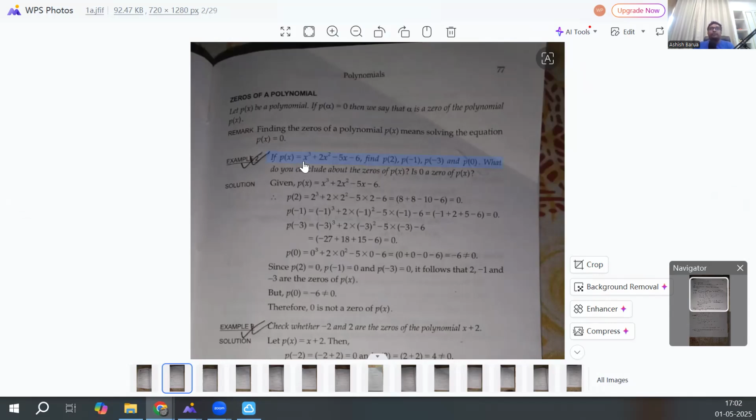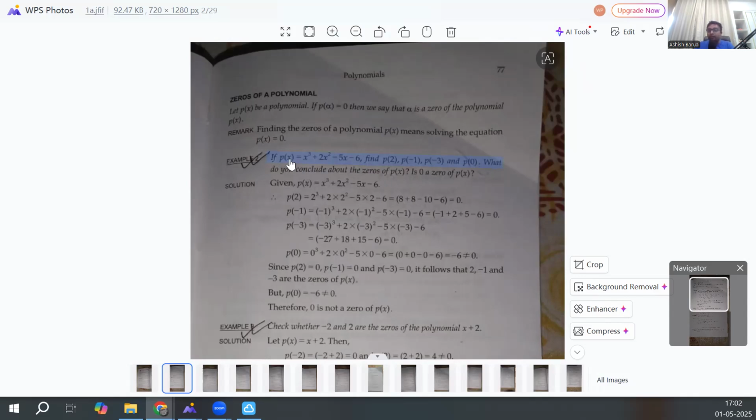In this case, you need to see whether p(2), p(-1), p(-3) and p(0) are zeros of the polynomial p(x). First of all, p(x) is equal to x cubed plus 2x squared minus 5x minus 6. It's clear to you. It's a polynomial denoted by p(x).